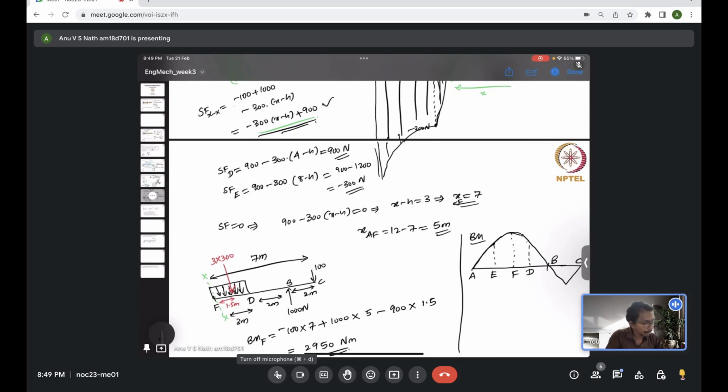From E to D it will be a quadratic polynomial. And D to B it's linear.